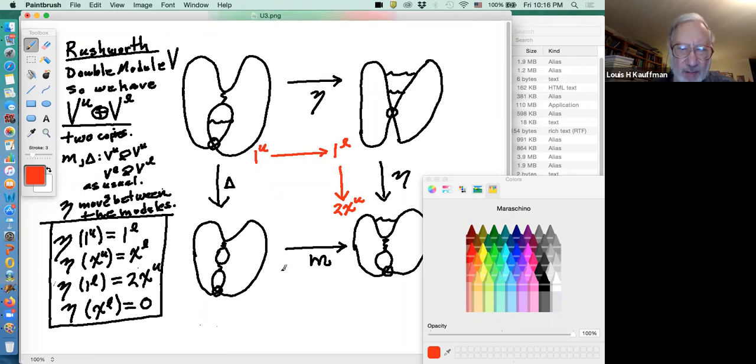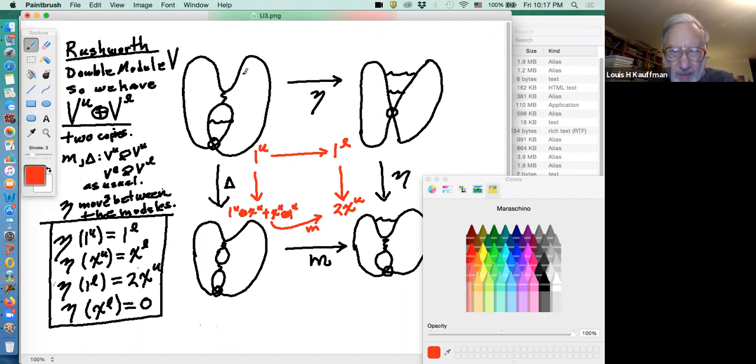Because if we went around this way, we would go by delta to 1 upper tensor x upper plus x upper tensor 1 upper, and then by multiplication here. And lo and behold, it worked. So by exchanging back and forth between the 2 modules, we get the answer that we wanted.